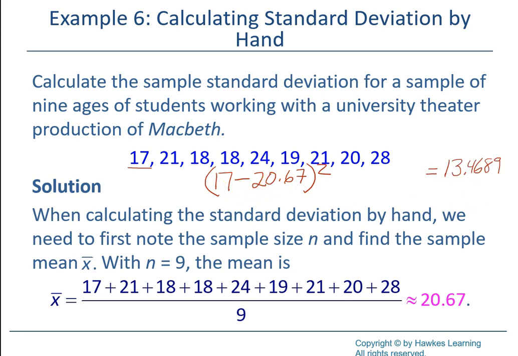Okay, when I did the subtraction here, I got a negative 3.67 that I squared. And again, anytime you square a negative, it's going to give you a positive value. Now they want you to round this off to 2 decimal places. So with an 8 in the 3rd decimal place, I'm going to drop these 2 and make this 6, a 7, where you see I get the data from here.